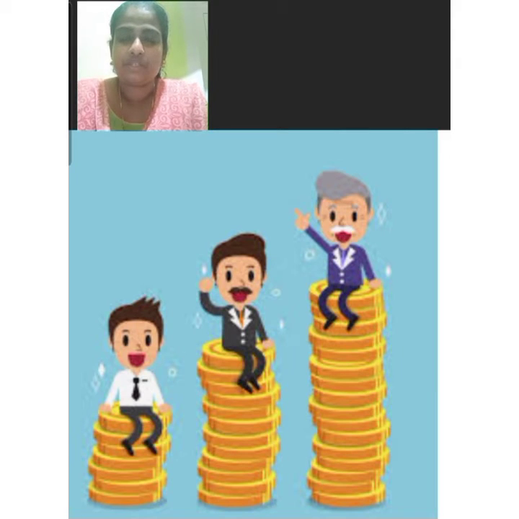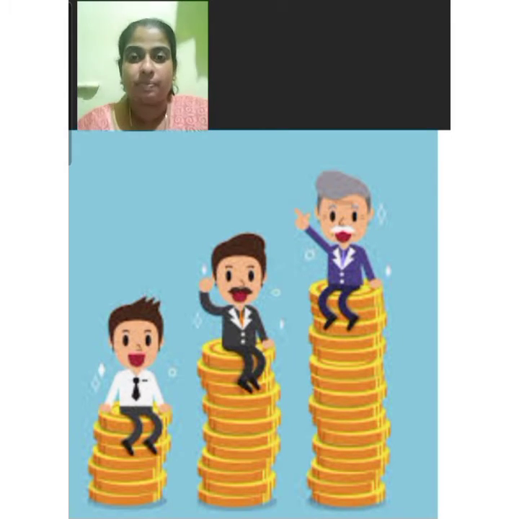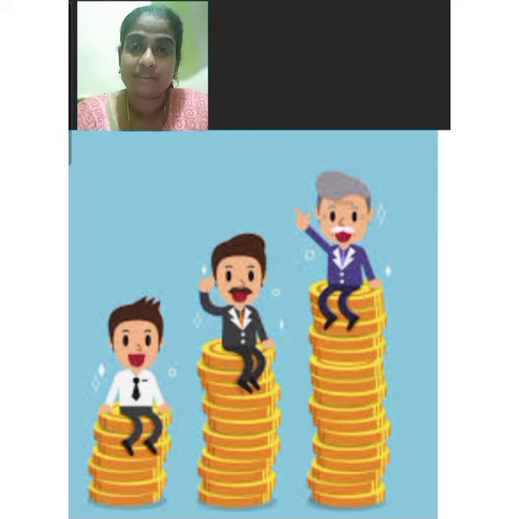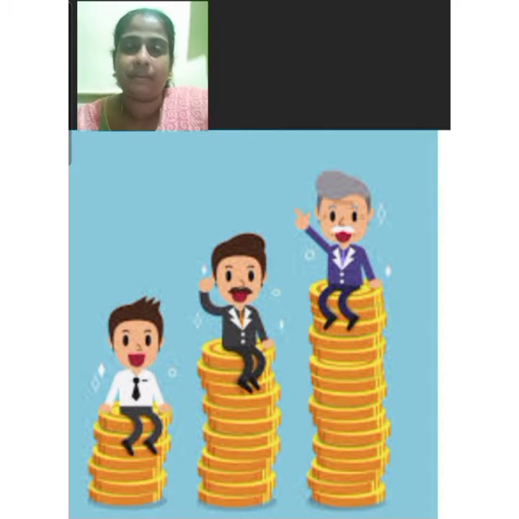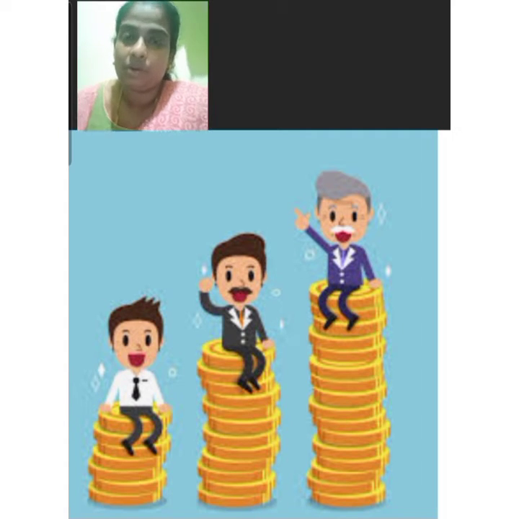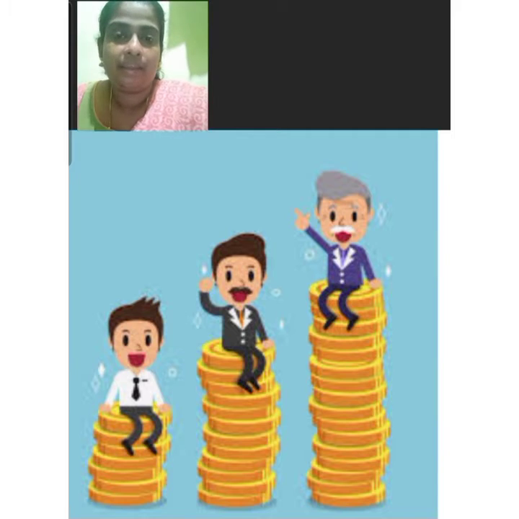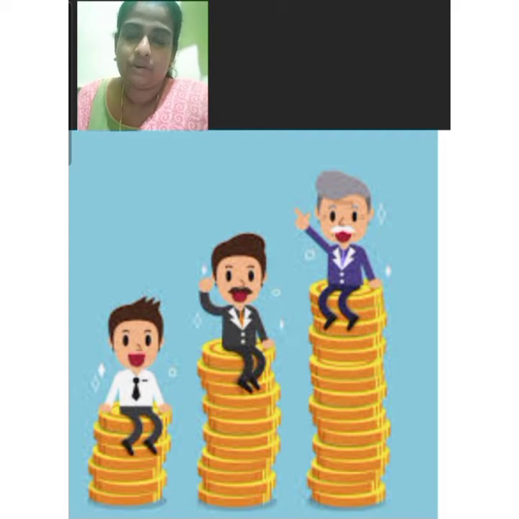My dear children, today in this module we are going to prepare revaluation account. As we know, revaluation account is an account which is prepared at the time of admission, retirement and death of a partner. In revaluation account, first we want to record increase in liability on the debit side, then decrease in assets on the debit side.